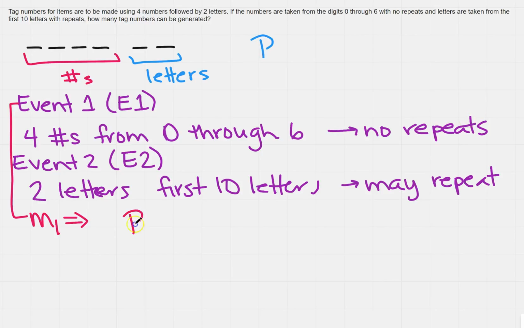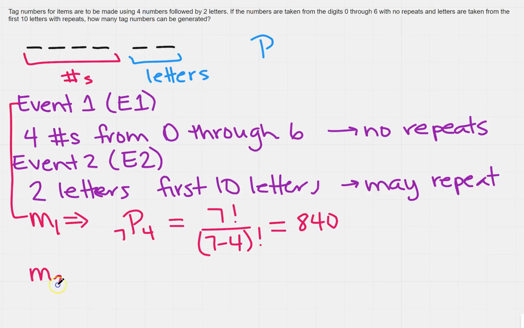That's when we're going to use the permutation. And what do we know? We're taking the permutation of 7 numbers, taken 4 at a time. So that's going to be equal to 7 factorial over 7 minus 4 factorial, and then you use your handy dandy little calculator and you get 840.